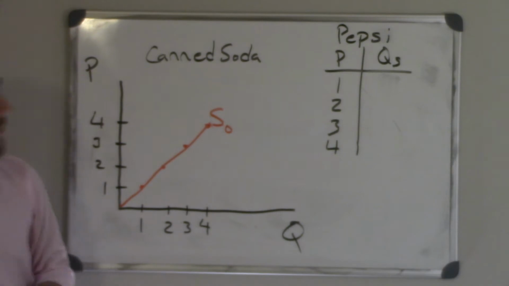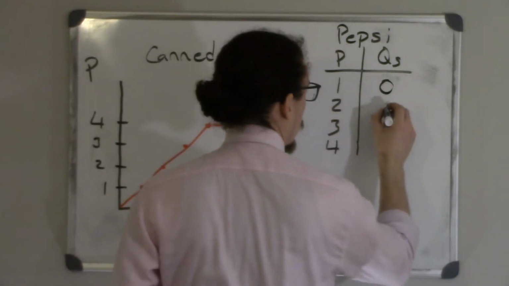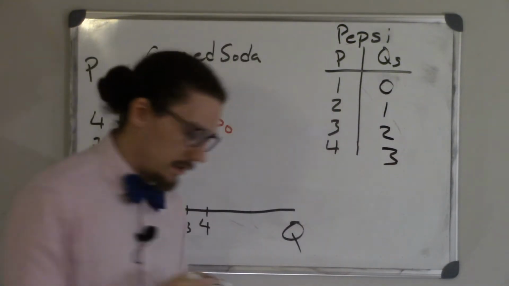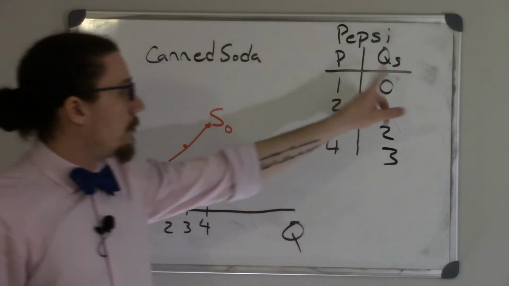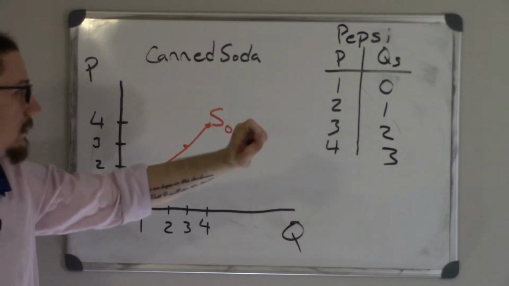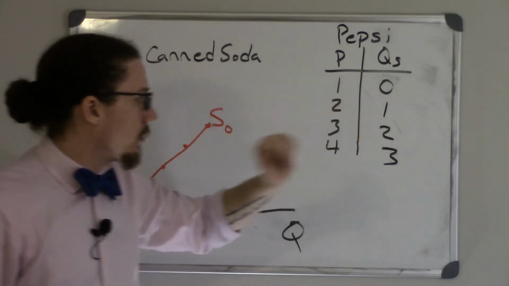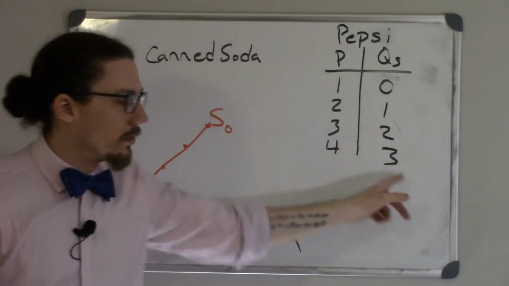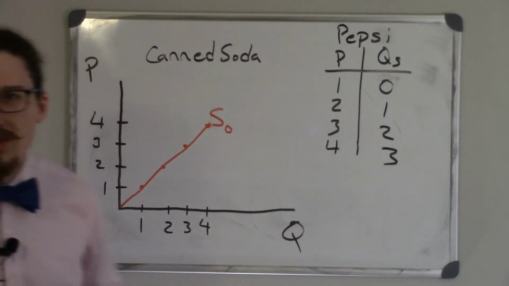This will probably make it easier for me later on. So for Pepsi, at a price of 1, 0 units are provided. At 2, there's 1. At 3, there's 2. At 4, there's 3. That was the end of it.